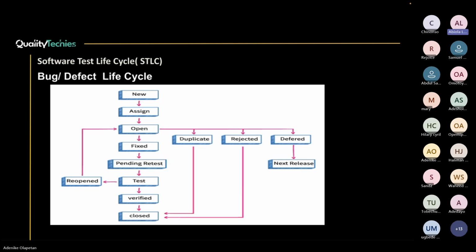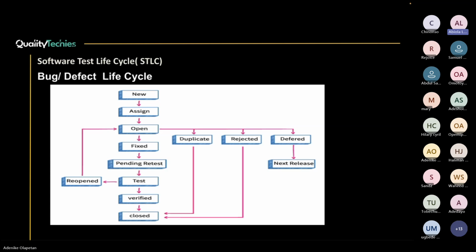Now there are two flows, as we can see. Open, you come down, you fix. Who does the fixing? The developer. When it is with the developer, we call it pending retest. The developer is working on it, and when done, he or she reassigns it back to the QA to retest.